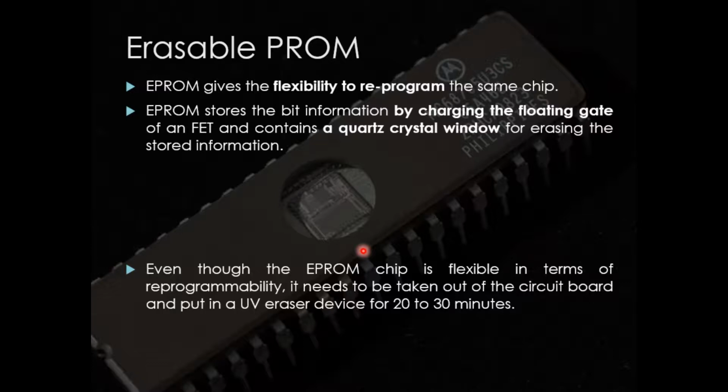Optically you can do it, that's why you have this crystal window there. Optically you charge the floating gate of FETs, and that is how the process is. So it needs to be taken out of the circuit board, okay, and you have to go for ultraviolet eraser devices, and you have to put it there for 20 to 30 minutes.